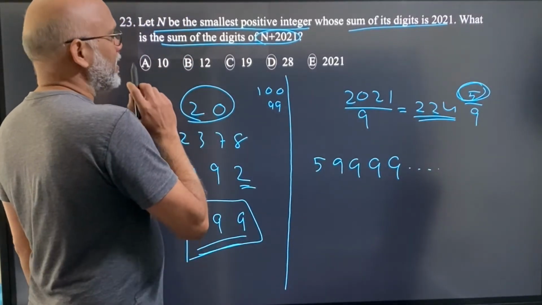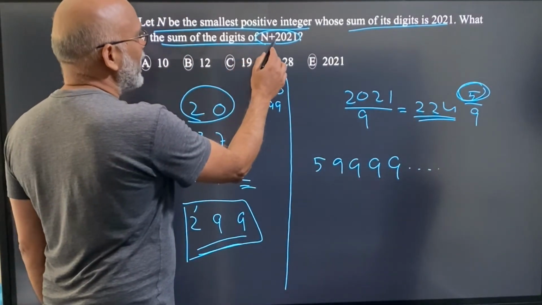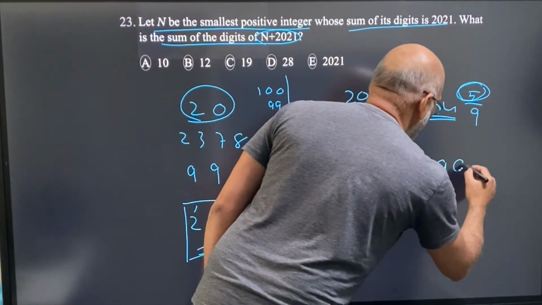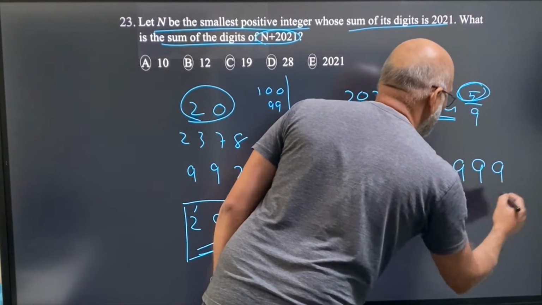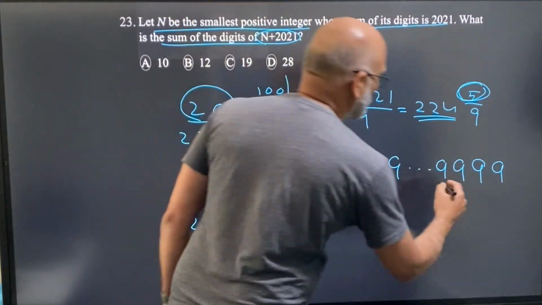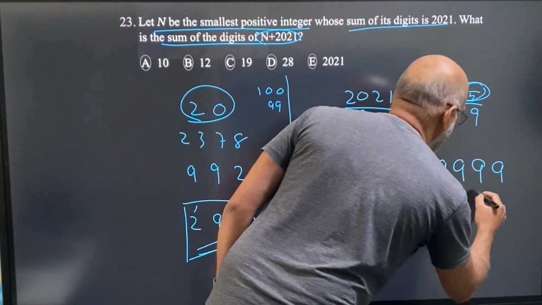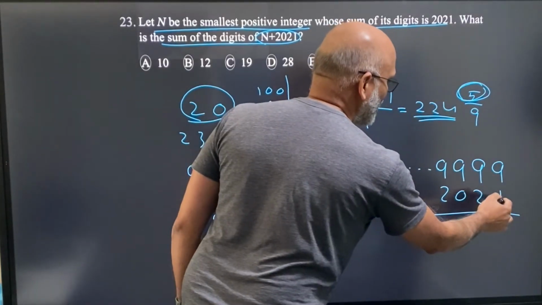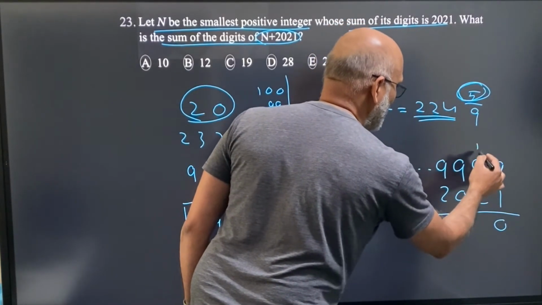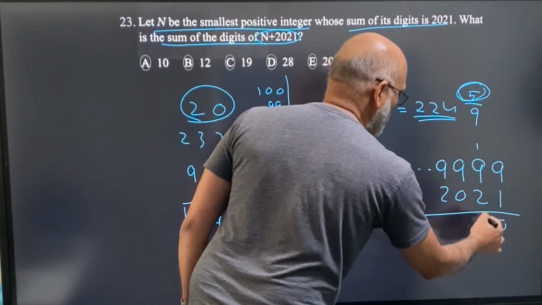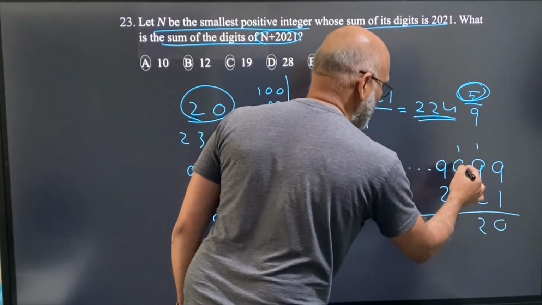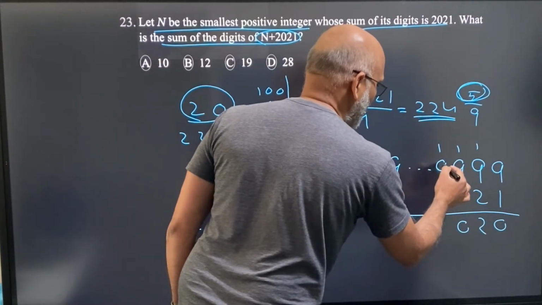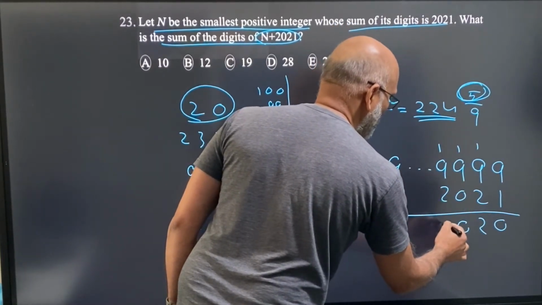Okay. Now I want to add 2021 to that. So let me write down some ending 9s, and I want to add 2021 to that. Now if I just add it up, 9 plus 1 is 10, carry over 1. 9 plus 1 is 10, plus 2 is 12, carry over 1, plus 9 is 10, carry over is 1. 1 plus 9 is 10, plus 2 is 12.